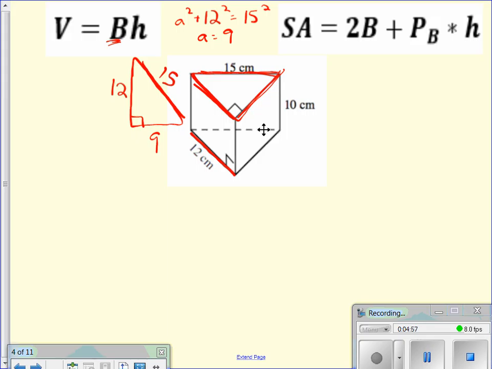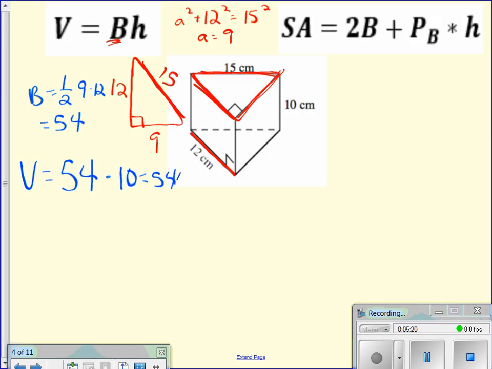First, the area of my base. My base is a triangle, so it's 1/2 the base, which is 9, times the height, which is 12. Which gets me a total of 54. Finding volume, I take that 54, the area of that base, and multiply it by the height, which is 10, to get me 540 centimeters cubed.